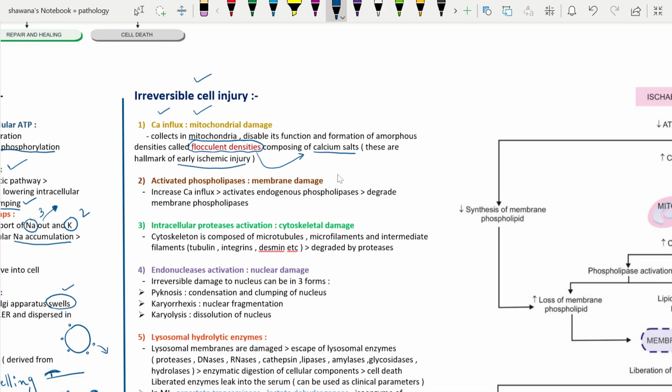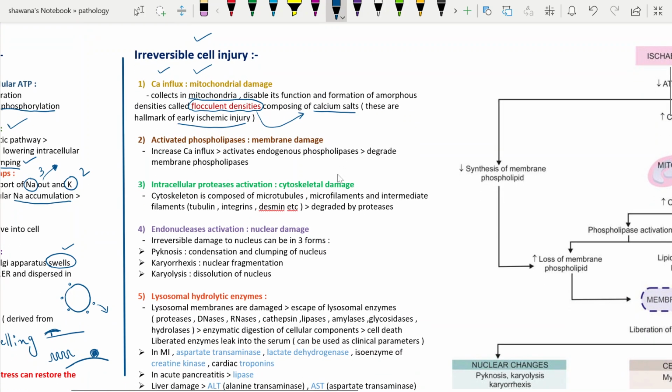Okay. The second is the activated phospholipases. Why do the phospholipases get activated?